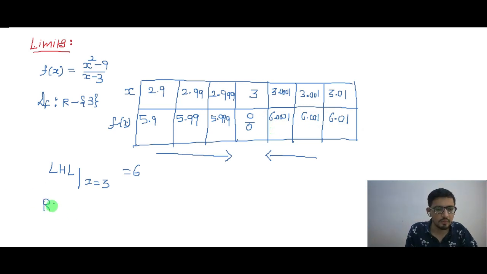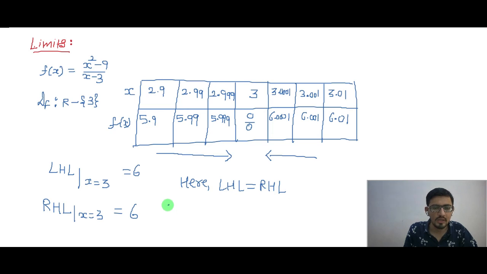That means for this function, the right hand limit at x equal to 3 is also 6. So we can understand here that the left hand limit and right hand limit are both equal. Therefore the limit as x tends to 3 of f of x will be 6.